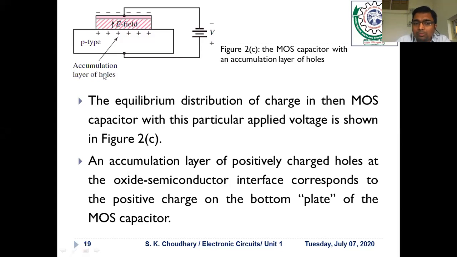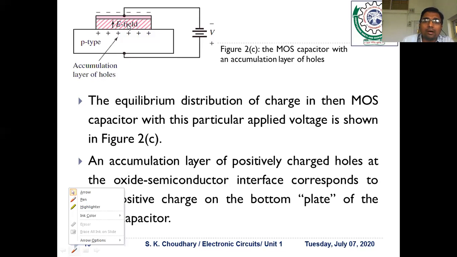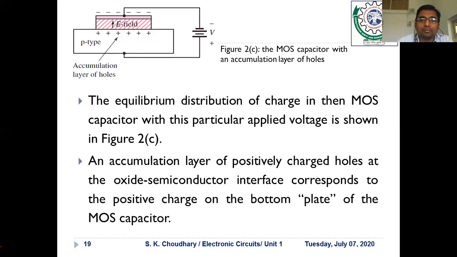So these holes would start accumulating on the boundary of the oxide and semiconductor. Here you can easily see, this is the boundary. I am just highlighting it here.